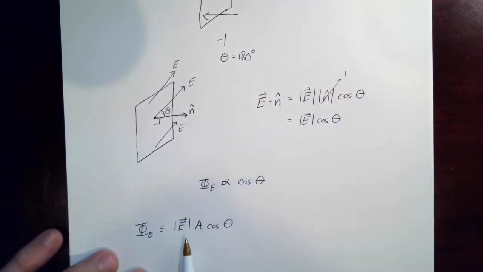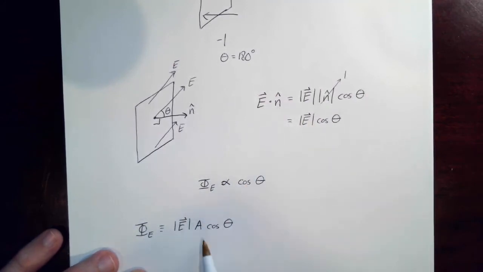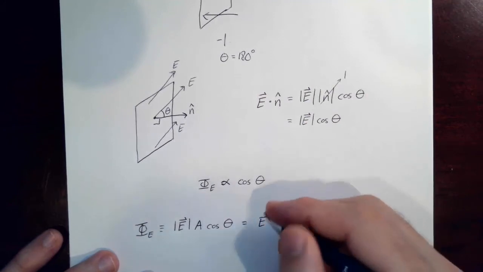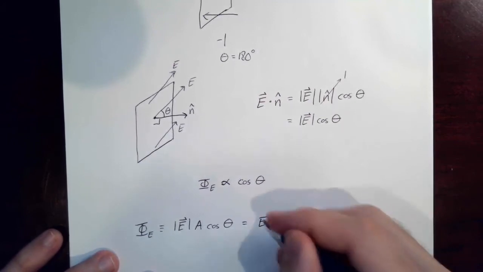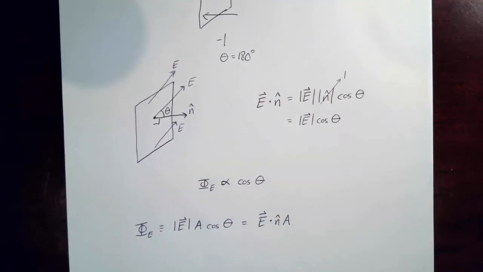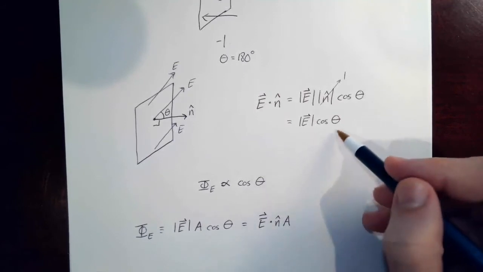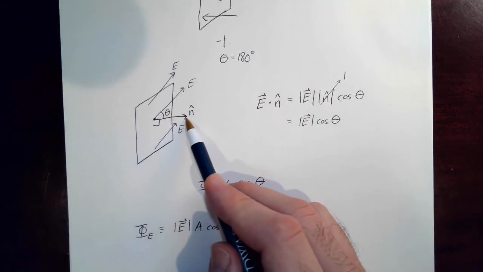And if we look down here, we see we have an E magnitude cosine theta. So I'm going to substitute E dot n for that down here. And I get E dot n times A. Another thing I want to point out here is that E cosine theta is the component of this electric field vector that is parallel to n hat.